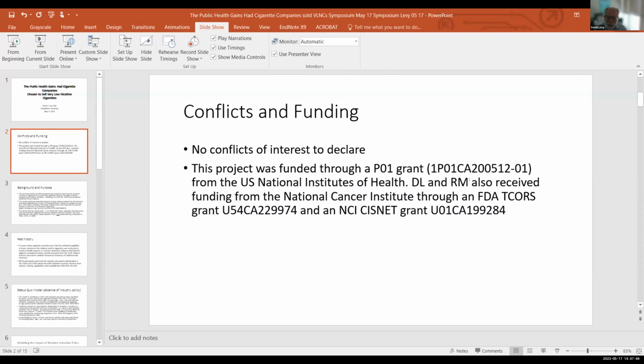This project was actually funded primarily through my ITC grant, although it was done a couple of years ago, 2 years ago, the paper I'll be presenting. But I also received funding through the TCORS and through an NCI CISNET grant, my other two major grants.